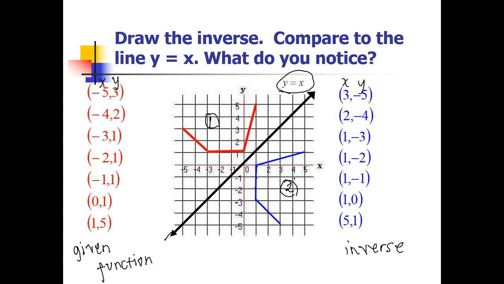Ibig sabihin po niyan, kapag tiniklop ko po yan sa gitna, parehong-pareho po yan sila. Okay? Etong point na to, magmimit yan dito. Etong point na ito, magmimit yan dito. This one here, and this one here. Yes po. So parang nagre-reflect lang po tayo.